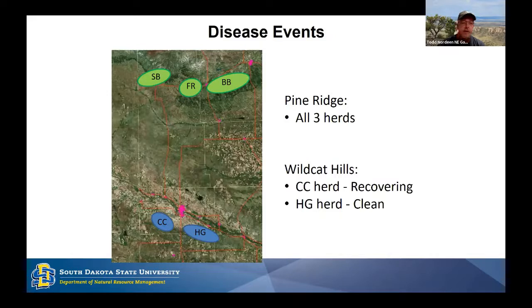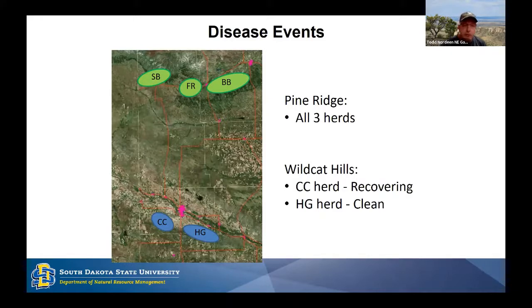We did have a disease event in the Cedar Canyon herd in 2006, followed by low recruitment for about 10 years, but we're now seeing that herd recover, and we've actually matched our highest numbers ever with that herd. And our Hubbard's Gap herd has remained fairly clean for the most part, giving us those high numbers of 240.